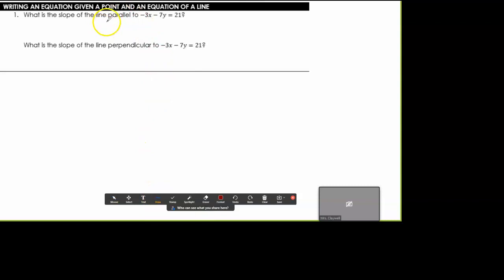This one says to find the slope parallel to this line. I don't know the slope of these lines, so I'm getting y by itself.